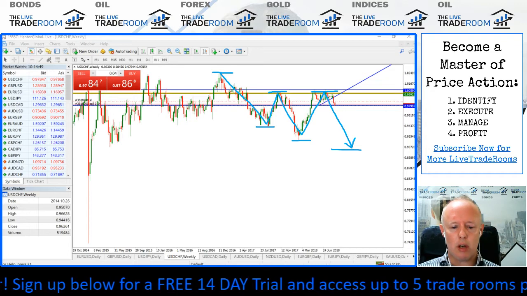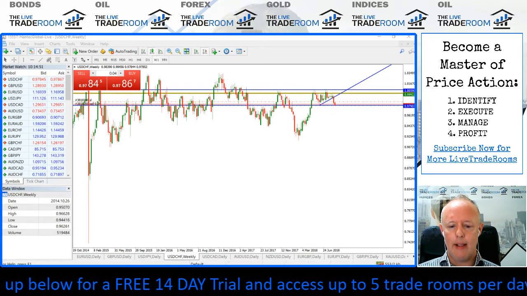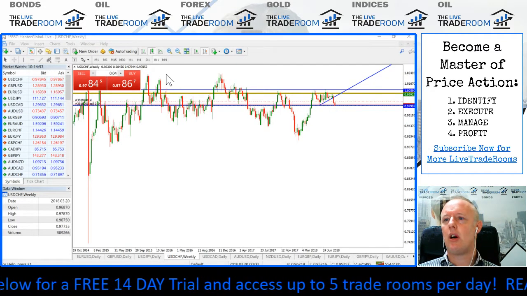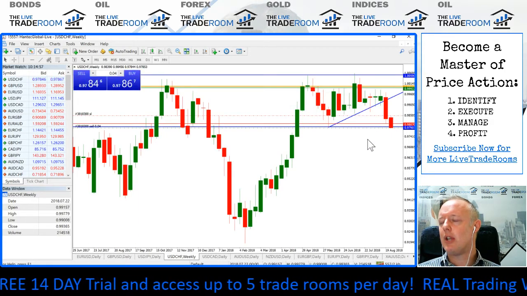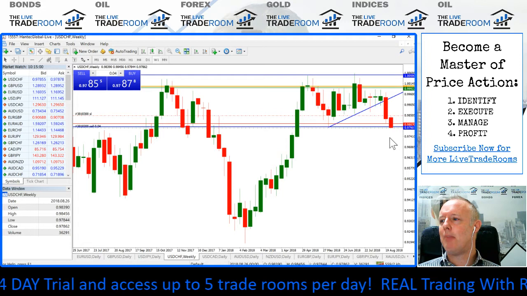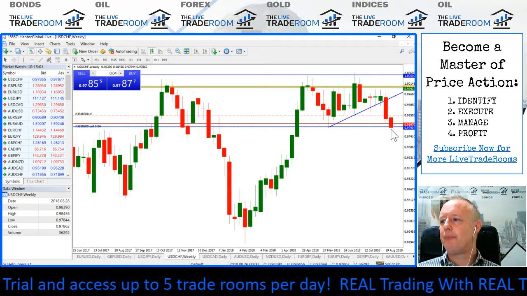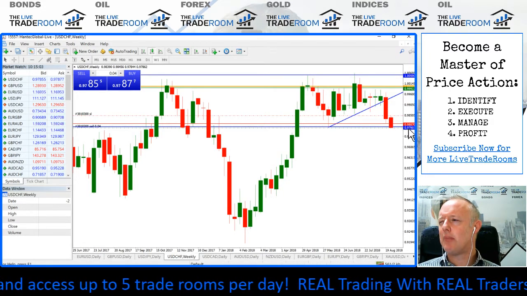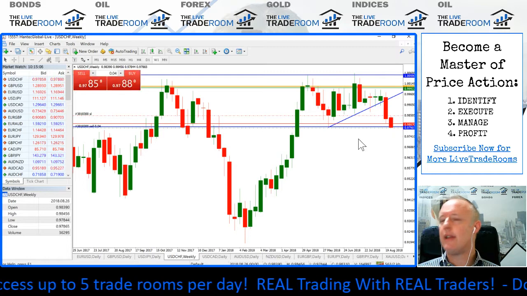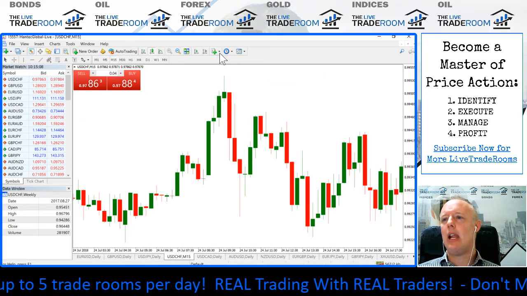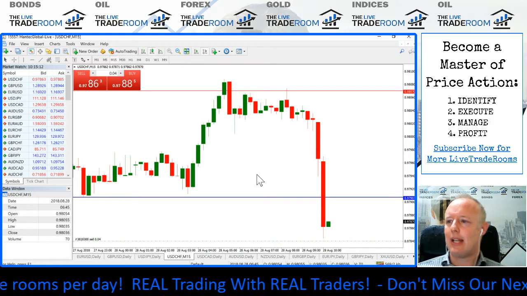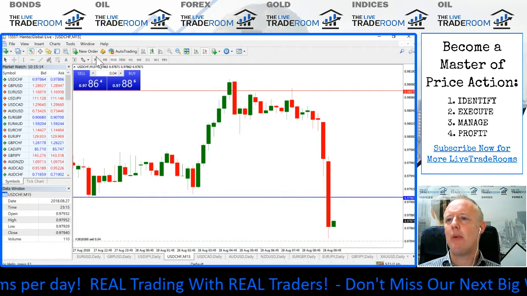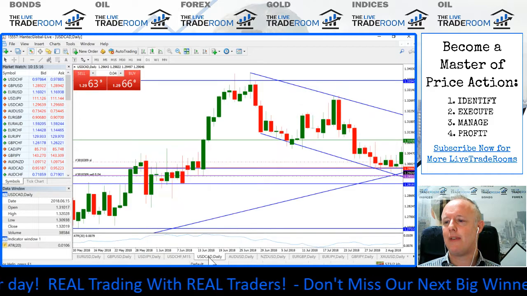So that's our trade idea for this market. That could give us opportunities on the daily time frame, which is what we got into last night, but also on an intraday basis as well. So we're quite happy to see this price breaking below the 97.90. This is definitely an opportunity for us to get into this market to the downside. We just got to bide our time, and we'll come back to this very shortly.